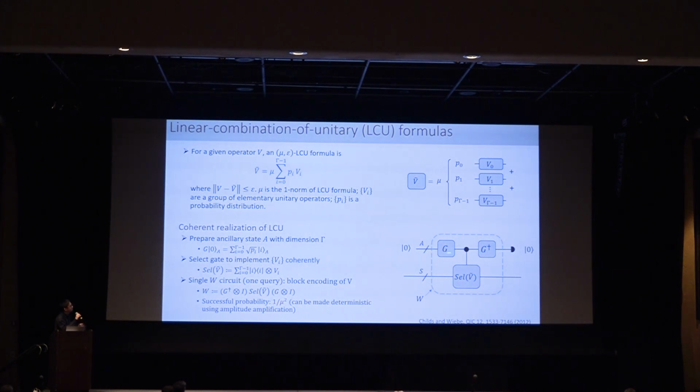If you measure the ancilla and get a zero outcome, you will effectively implement the V operator on the system. But the probability to get this zero outcome is related to the normalization factor I mentioned, it's 1 over mu squared. Fortunately, we have amplitude amplification methods to amplify this probability to almost 1, such as Grover's method.